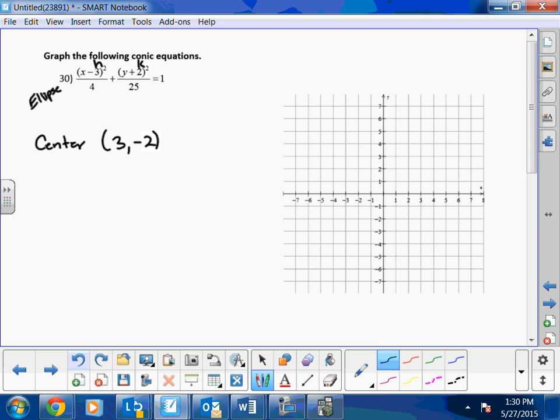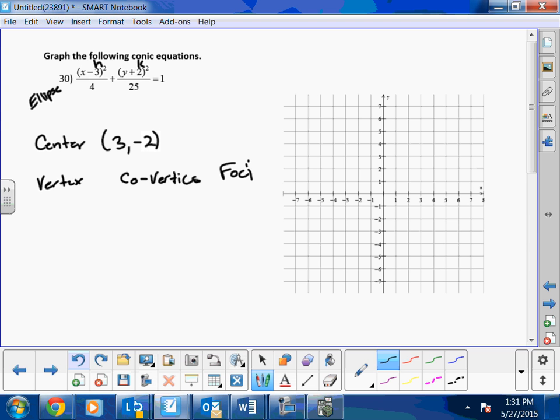Now, ellipses carry three measurements I have to look for: vertices, co-vertices, and foci, to graph it accurately. Now, the vertex is actually found from the a value.